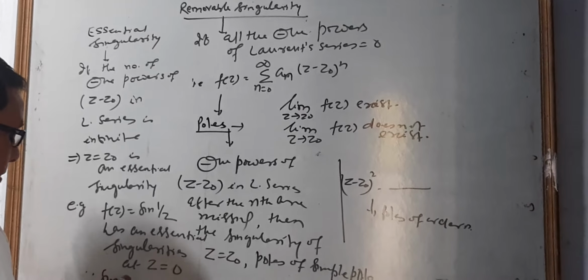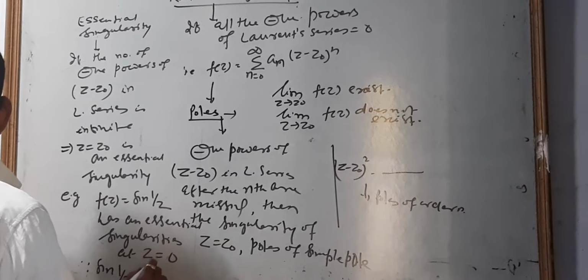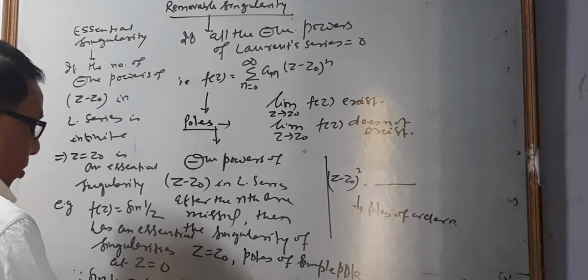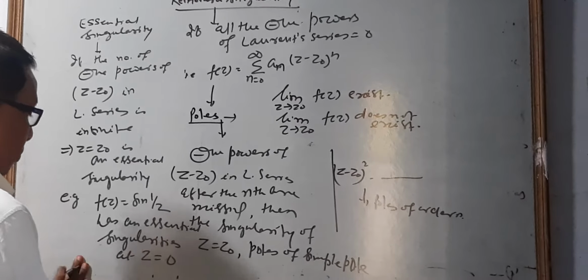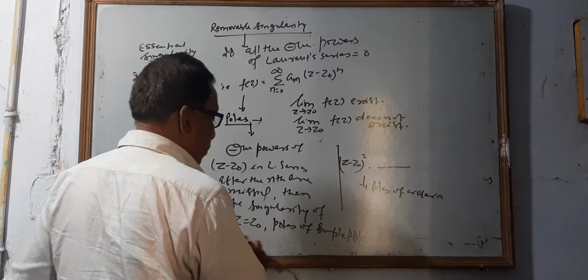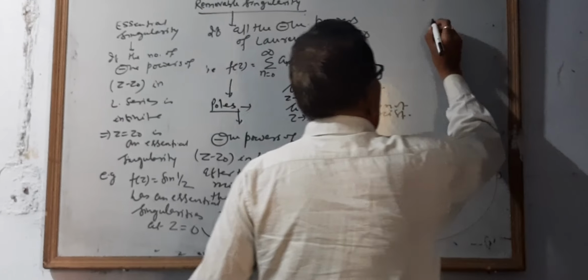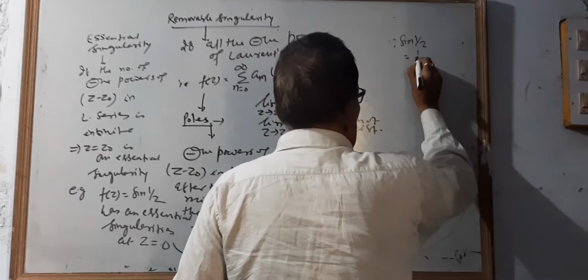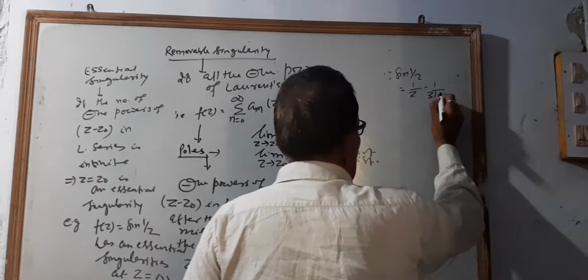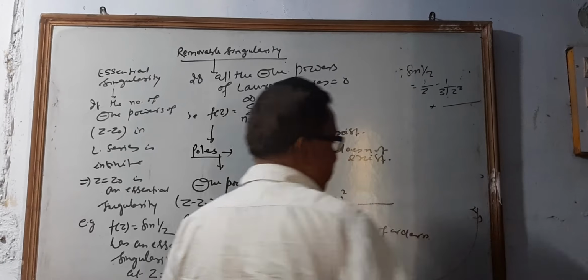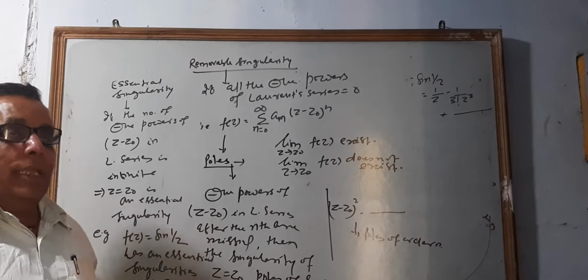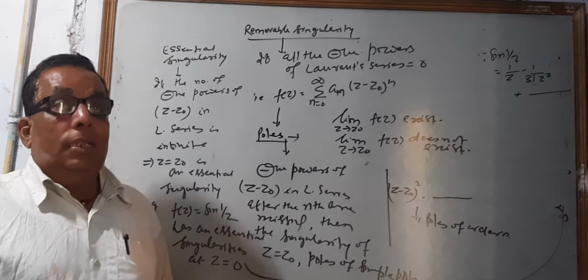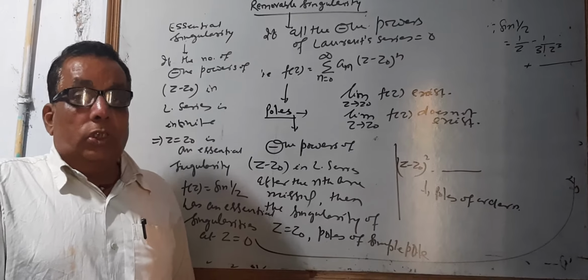Since sine of 1 upon z may be expanded as 1 upon z minus 1 upon factorial 3 z cube plus so on. This is an essential singularity. You have to find out the nature and location of the singularities.